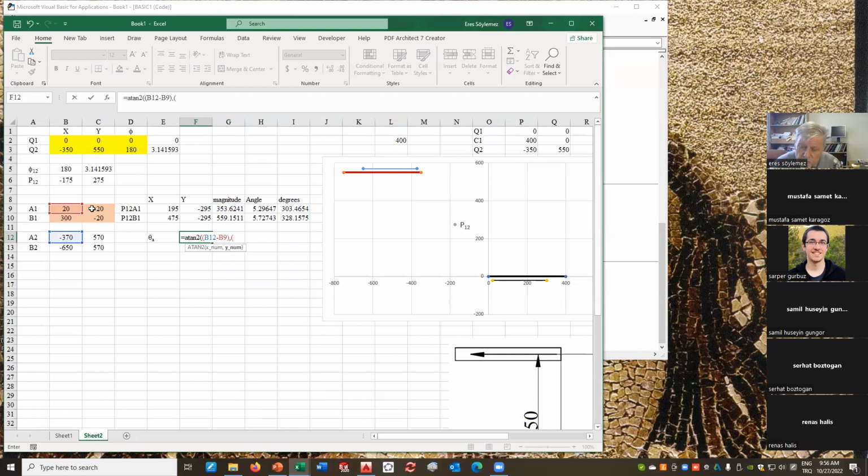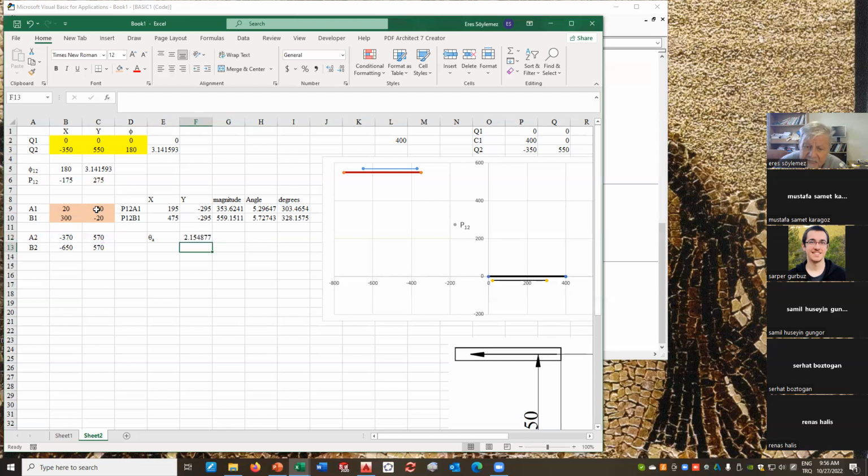On some of your computers, it will be semicolon. A2 minus A1 y components, close parentheses, close parentheses. If you want, you can use the ang function as well. ATAN2 is Excel built-in. Ang function is user-defined.